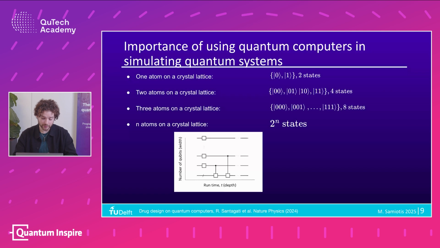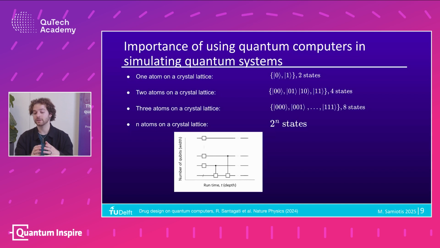And so when we simulate quantum systems, what we're interested in is, with the size of the system, how much does my number of qubits increase? And how many more qubits do I need when the system size increases? And also, what about the runtime? Because I showed you, I break down the operations and I have unitary operations, but these, as Vivek also covered, need to be transpiled into operations that our system understands.